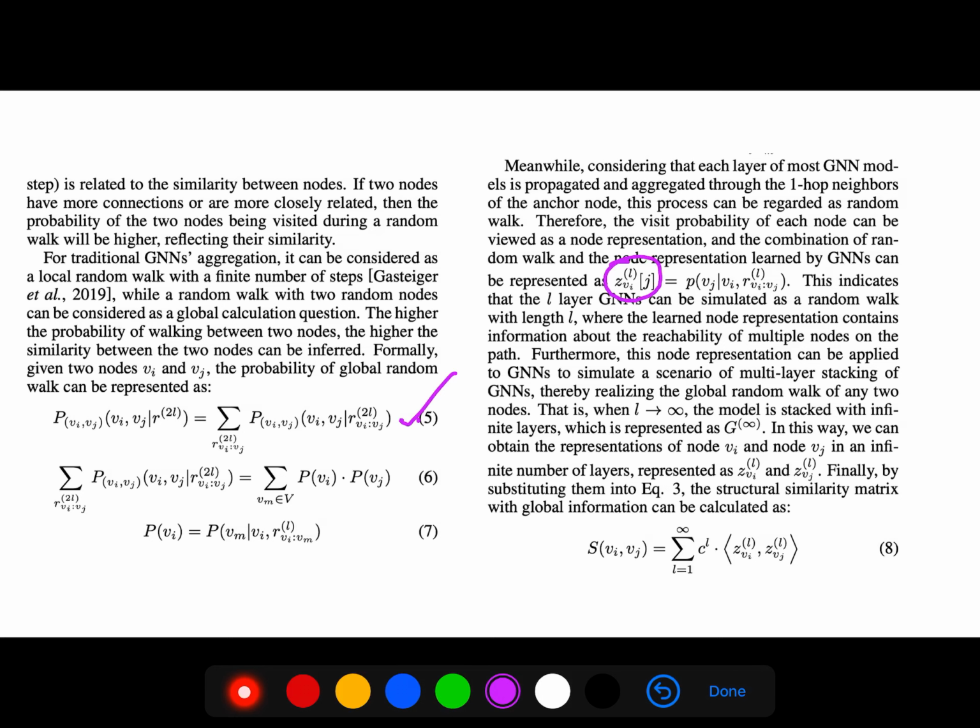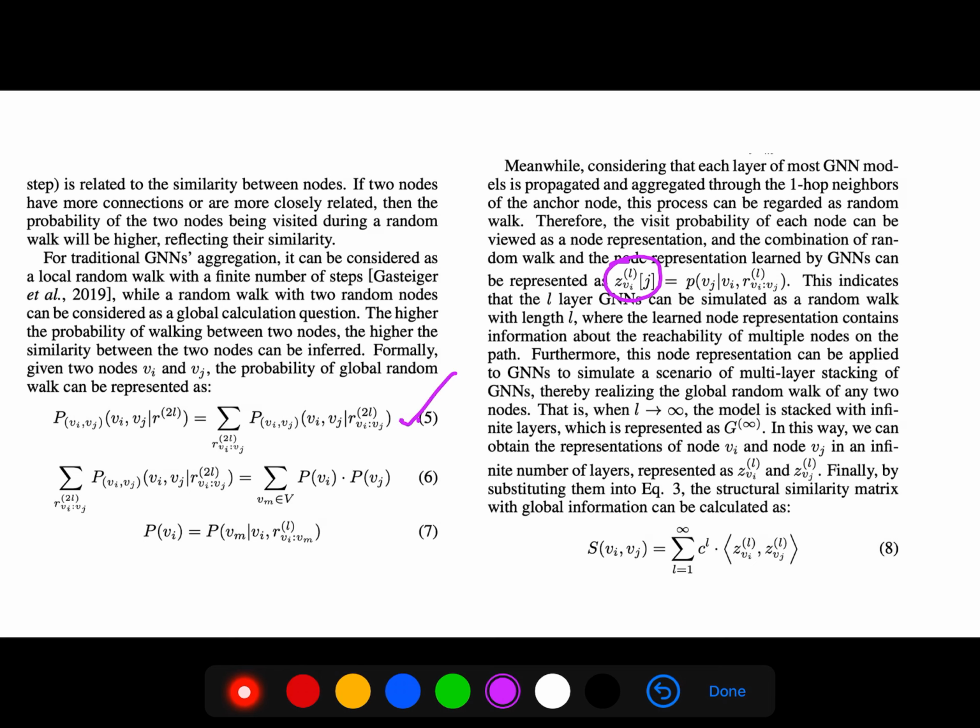This indicates that L-layer GNNs can be simulated as a random walk with length L, where the learned node representation contains information about the reachability of multiple nodes on the path. Furthermore, the node representation can be applied to GNNs to simulate a scenario of multi-layer stacking of GNNs.